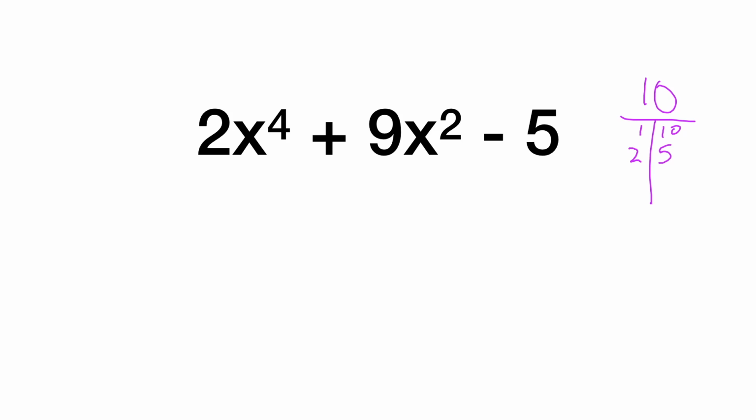Well, the only one of those with a difference of 9 happens to be 1 and 10. So 1 and 10, the negative has to be the smaller number, so negative 1. So now I'm going to use, let's do grouping this time just for funsies. 2x to the 4th minus x squared plus 10x squared. Notice these two combined become 9x squared, and then minus 5.